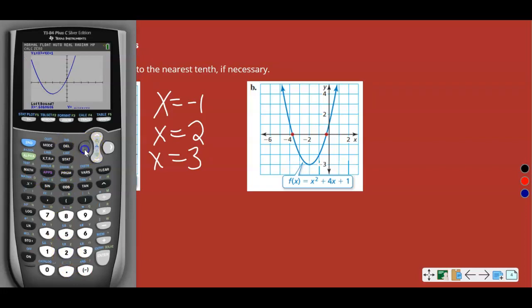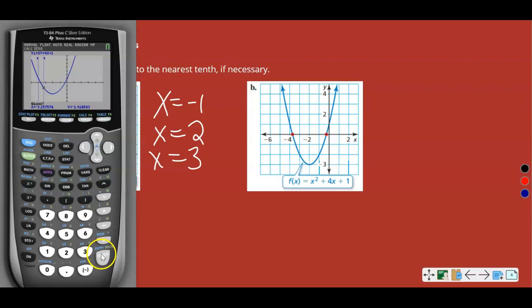We've got to do this twice because it crosses the x-axis twice. I'm going to do the one to the far left. Right here is where it crosses the x-axis, so I have to be left of that point and hit enter. Then I'm going to scroll to the right of that point. It's going to isolate and find the zero in between these two lines.